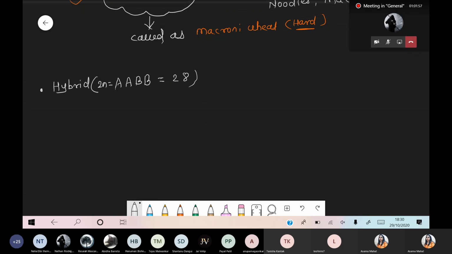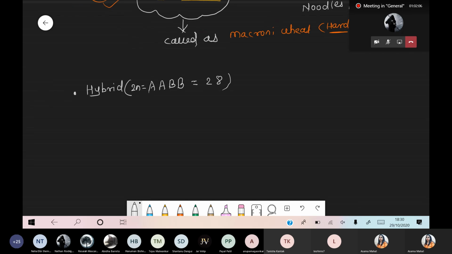Because the same hybrid variety forms the macaroni wheat, and now we are talking about the second change. This hybrid variety now undergoes natural hybridization. One we saw was mutation. Once it undergoes the mutation, they form the macaroni wheat. Now we are talking about the same hybrid variety. Now it undergoes the natural hybridization.